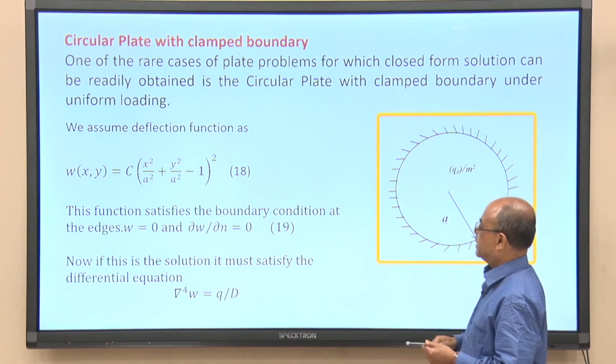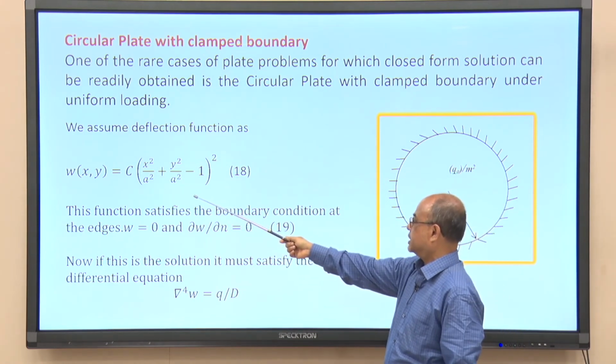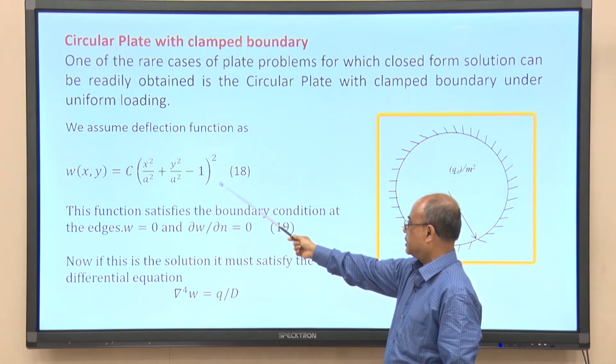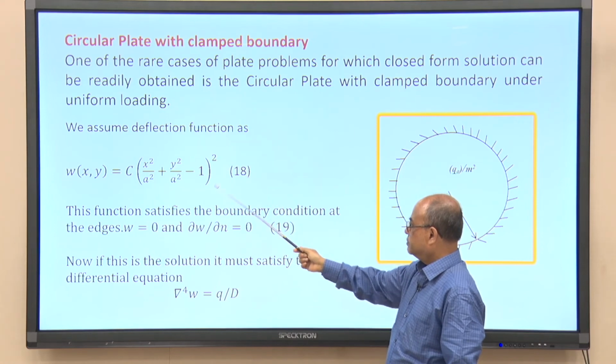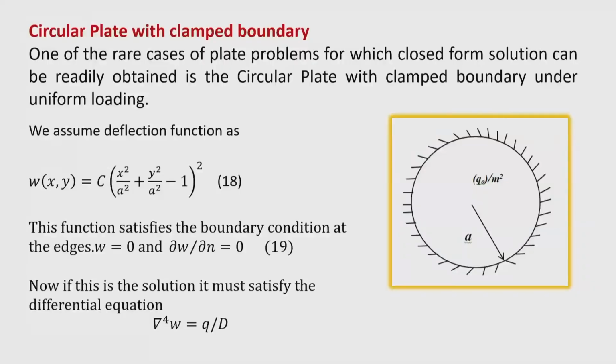If I assume a deflection function, say w equal to C, where C is an unknown constant, into (x square by a square plus y square by a square minus 1) whole square, then it readily satisfies the boundary conditions. So, what are the boundary conditions?